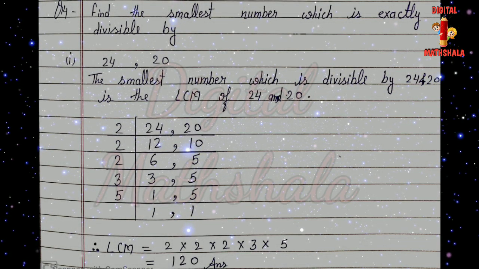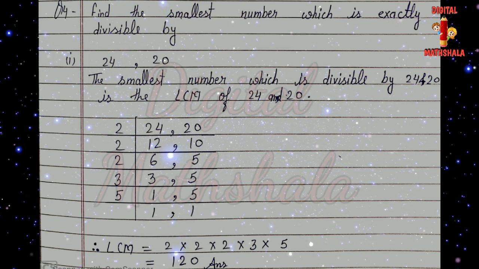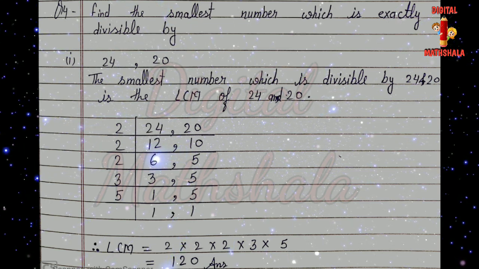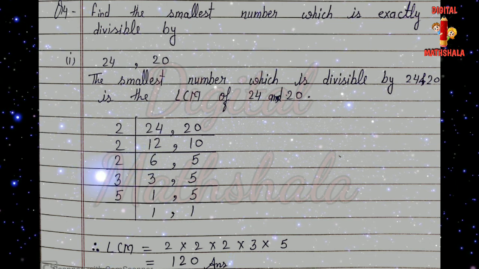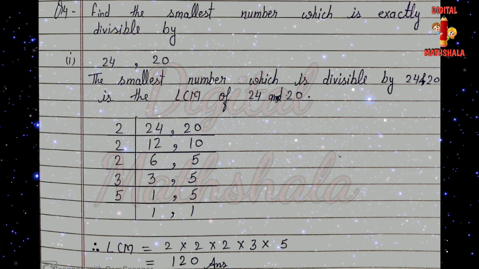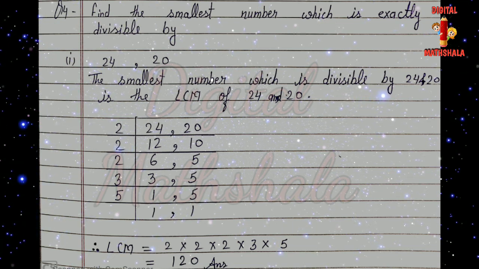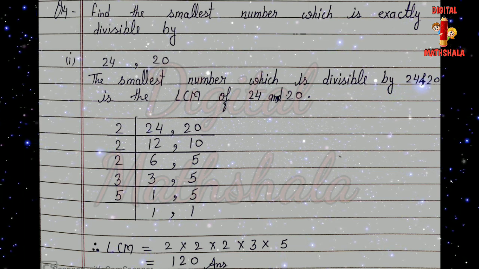Now in this part we will write 20 and 24 together, then we will divide by the smallest prime number, that is 2. As you know that both numbers are even numbers, so we can divide that and we will get 12 and 10 in the answer.